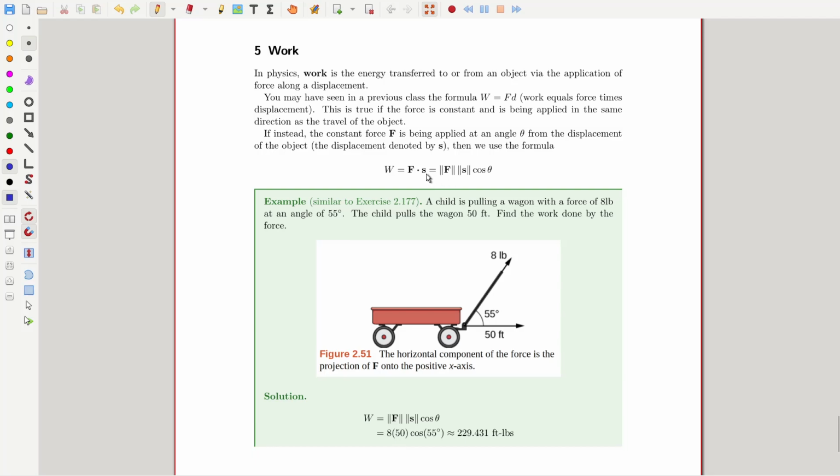And this equality is just using the relationship between dot product and angle. The dot product of the two is equal to the product of the magnitudes times cosine of the angle.